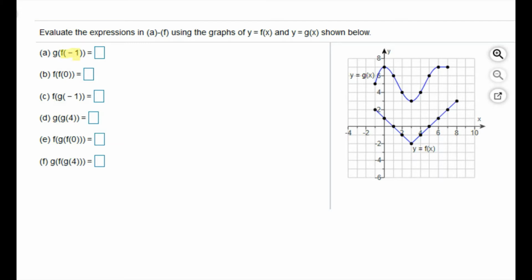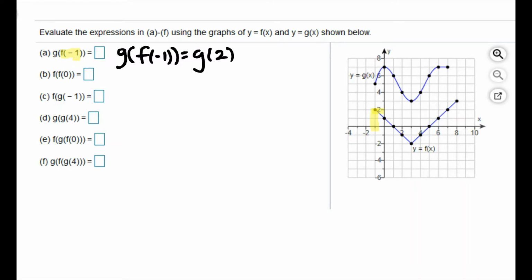If we keep in mind that the -1 is the x value, I'm going to go over here on my graph to where x is -1, go up to the graph of f, and what is the y value there? The y value there is 2. So I've just worked out what f of -1 is. So g of f of -1, and f of -1 we worked out to be 2.